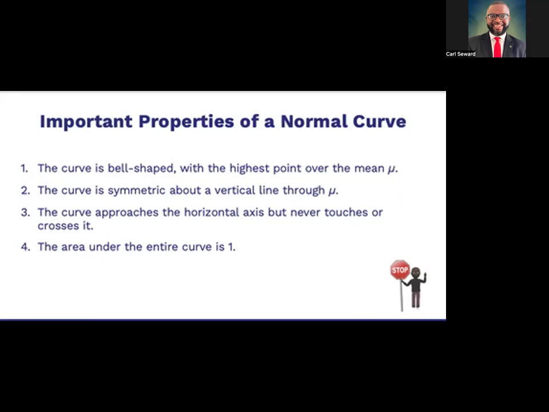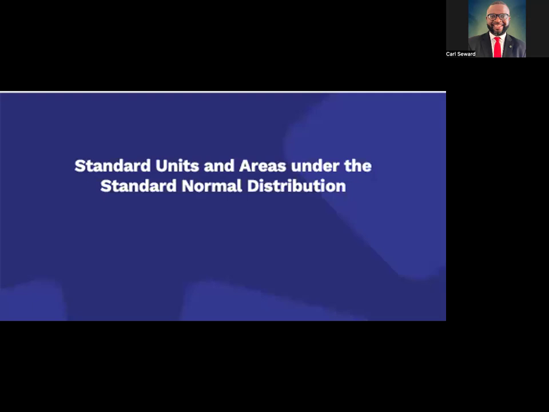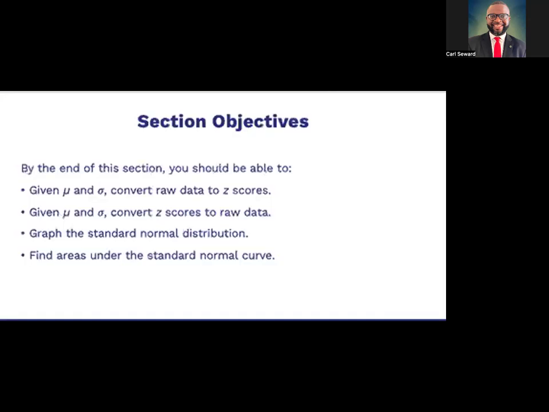So now what I want to do is take a look at standard units and areas under a normal distribution curve. I'm shifting gears just a little bit. In this part of the lecture, what I want us to do is to learn how to turn a regular number into something called a z-score.